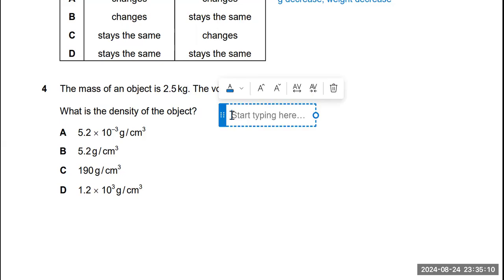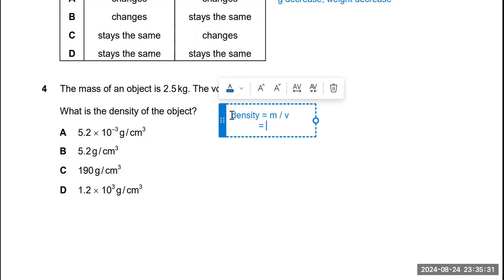The formula of density is mass per unit volume. Mass is given in kg. You have to convert it into gram. 1 kilogram is equal to 1000 gram.